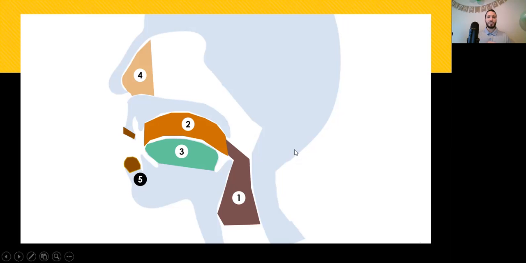There are five areas that scholars use. One is the halq, which is this area, al-halq, the throat. Two is al-jawf, and in this case, jawf is actually 1 and 2.